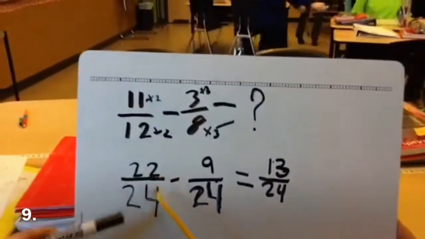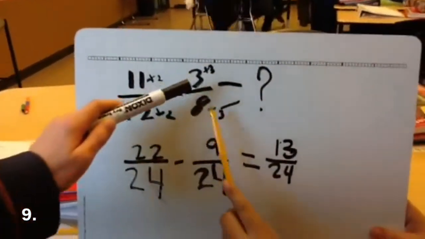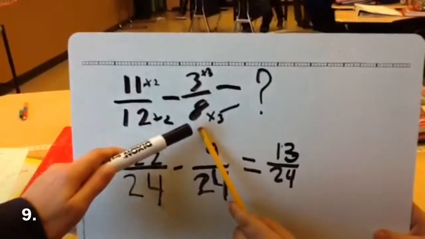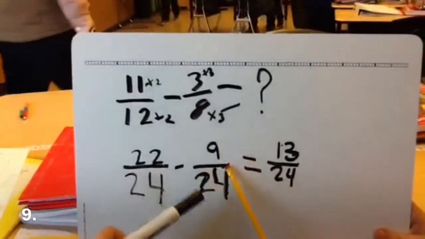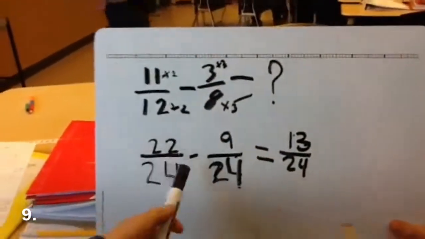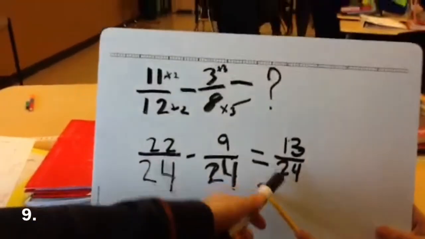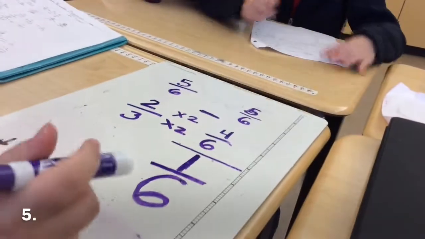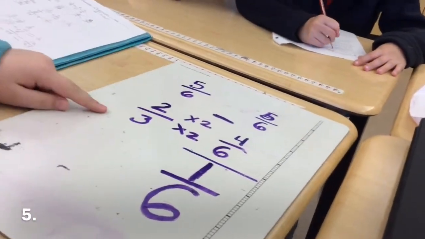So 22 24ths. 3 times 3, 9. 8 times 3, 24. So 9 24ths. Minus those, you have 13 24ths. There's your answer, peoples.